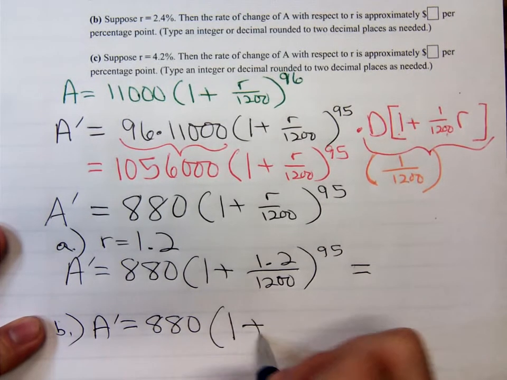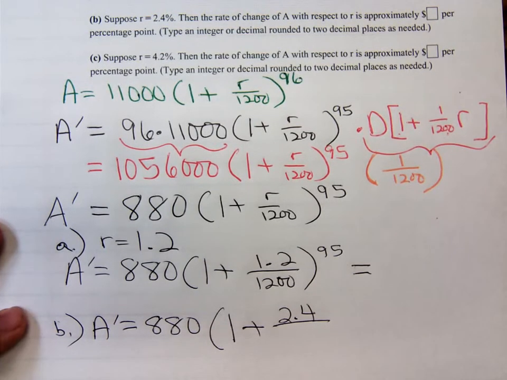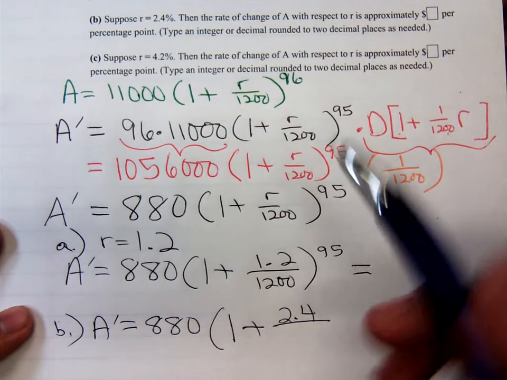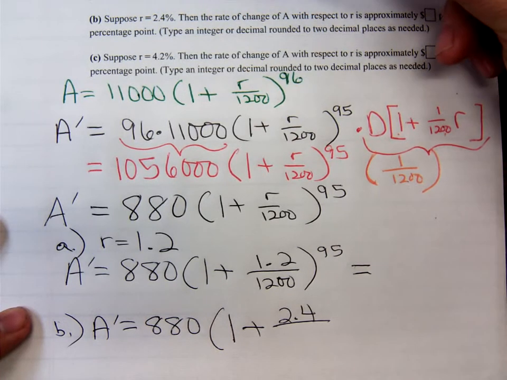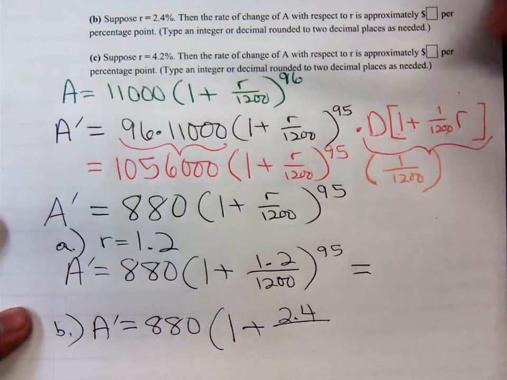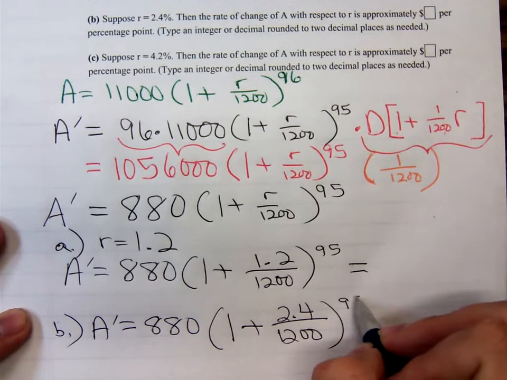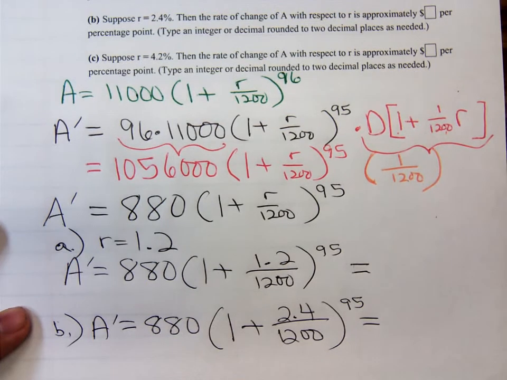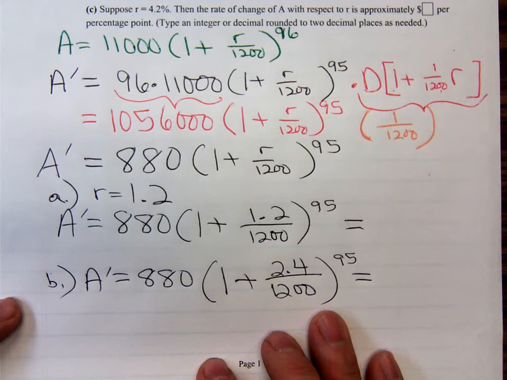And notice I'm not converting that 2.4% to 0.024. The way they've modified this formula up here, we're using R the way they're giving it, as a percent. So they're actually making it easier for us. We'll punch that in a moment. And what's the last interest rate? 4.2%.